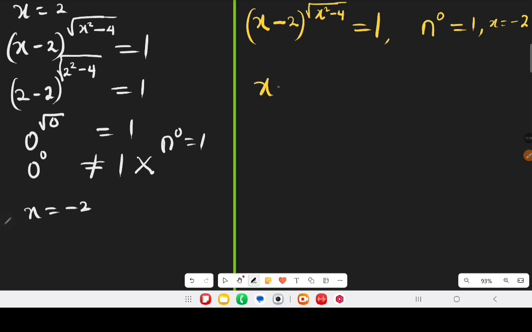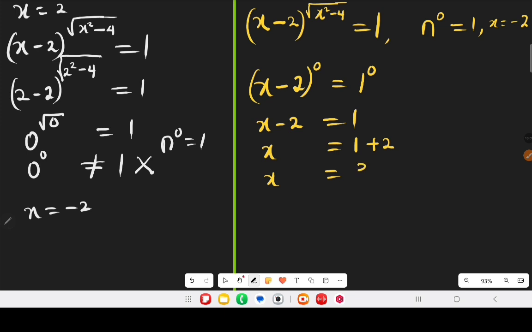So we have x − 2 equals 1. When we compare both sides, to find x we collect the like terms. We have x equal to 1 + 2, as 2 crosses the sign of equality and becomes positive. Then x is equal to 3.